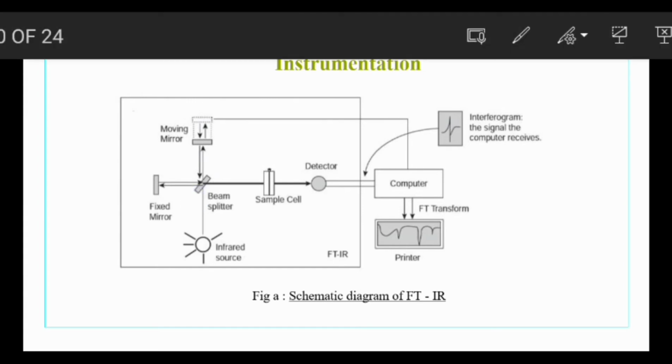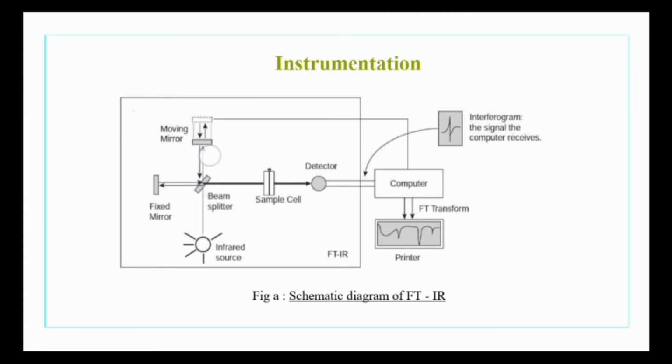The motion of this mirror causes the path length that the second beam travels to vary. Then these beams of light reach the sample cell, the detector, and finally the computer.